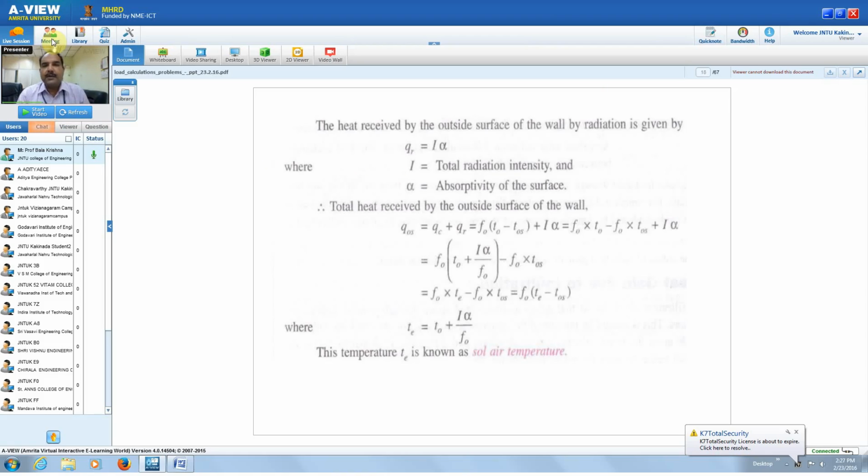The heat received by the outside surface of the wall by radiation is given by Q radiation = I × α, where I is the total radiation intensity and α is the absorptivity of the surface. Therefore, the total heat received by the outside surface of the wall can be calculated with this formula.